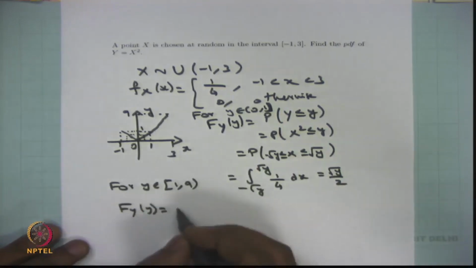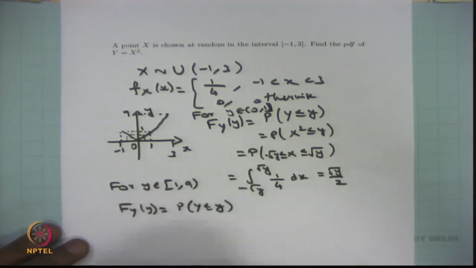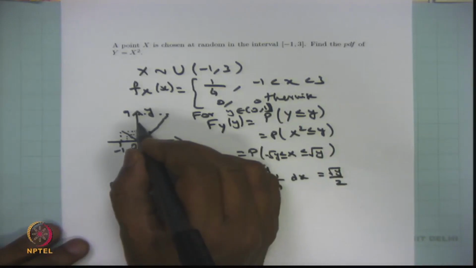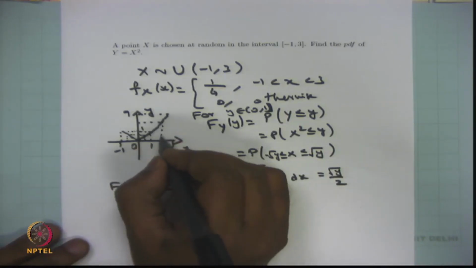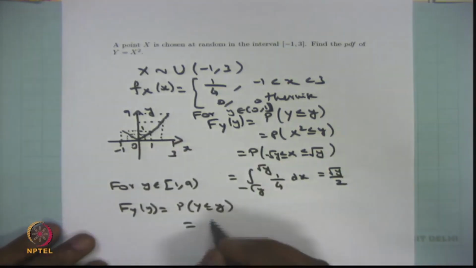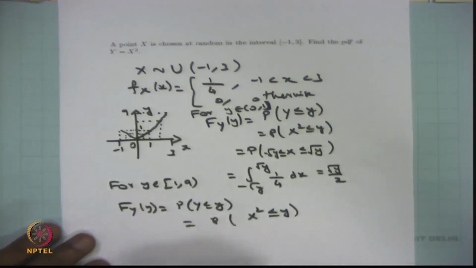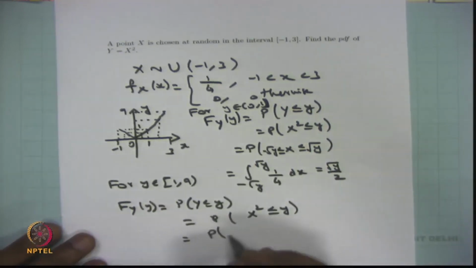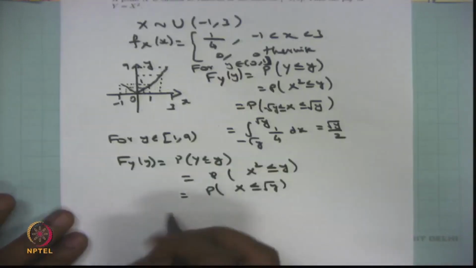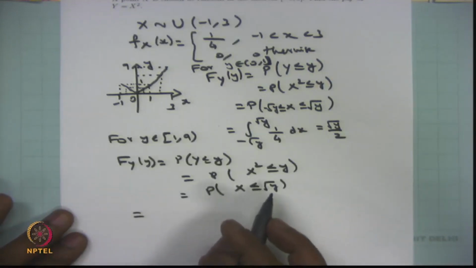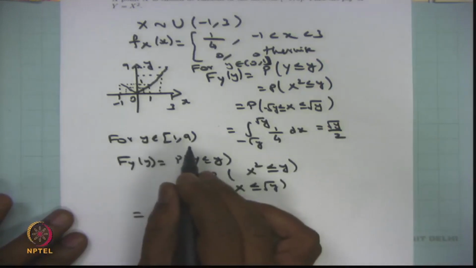So, the CDF of y is the probability that y is less than or equal to y. Now, for every y lying between 1 and 9, you have only one inverse, not 2 inverses. That is the probability that x square is less than or equal to y, which is the same as the probability that x is less than or equal to square root of y, when y lies between 1 and 9.